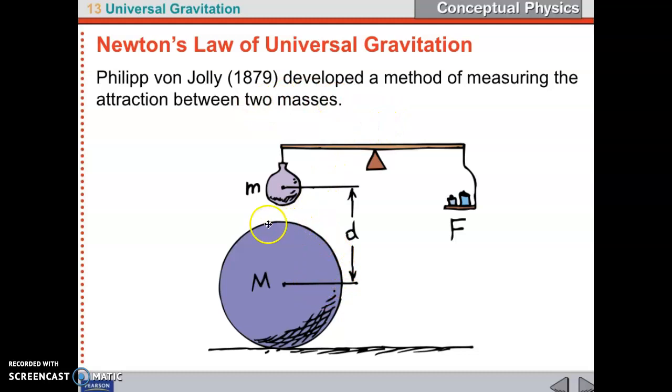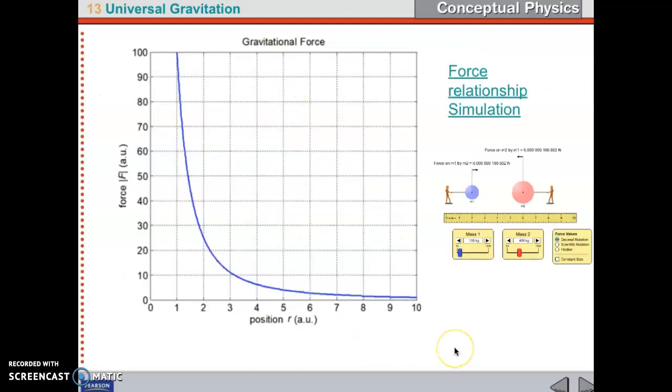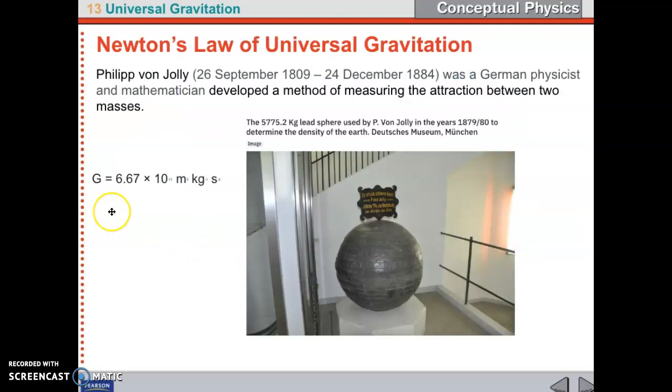He used lead and these enormous spheres to get the two masses to attract each other. Then using a counterweight, he would balance and find the value of F. By plotting the relationship between the forces and the distance, and linearizing the graph, as you remember from topic 1, he came up with a value for the constant of proportionality.